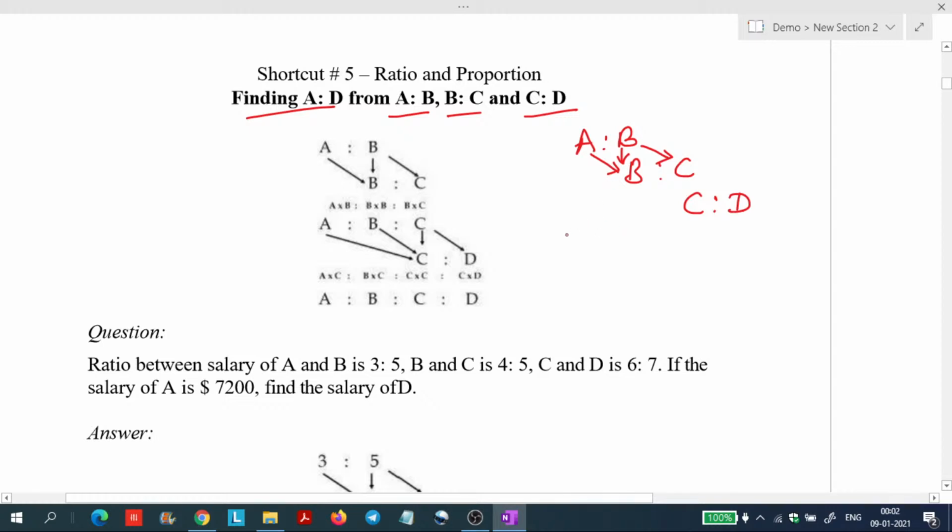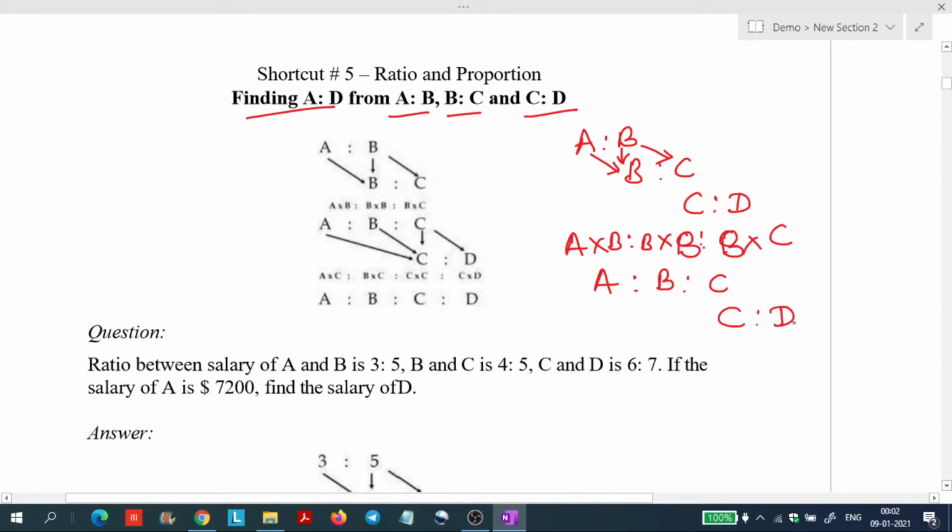So in this case, A into B, B into C, then B into B, and B into C. So here with respect to this we'll get A, B and C. We can consider three terms.